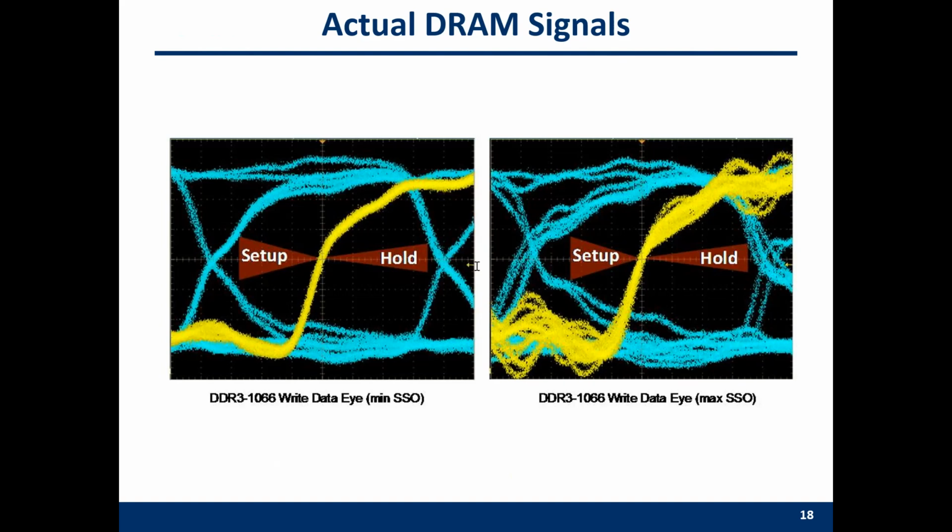But you can see that here you have a lot of noise. This rising edge has a lot of noise, so the eye is small. This is not good. Compared to the one on the left, the right part has a better signal.